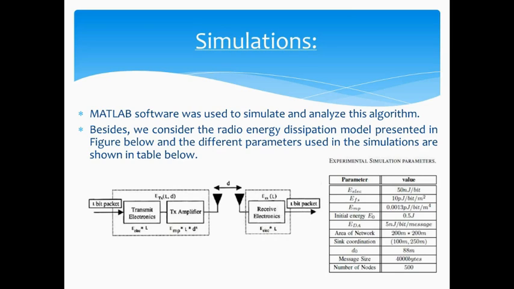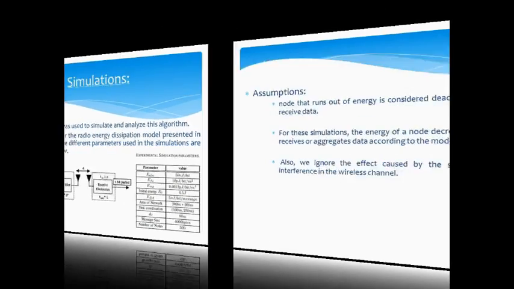Use all of this and the threshold value d0 to determine the absolute residual energy used in this entire process. The other parameters used in the simulation, such as initial energy, area of the network, sink coordinates, message size, and the number of nodes, have been tabulated in this simulation table.